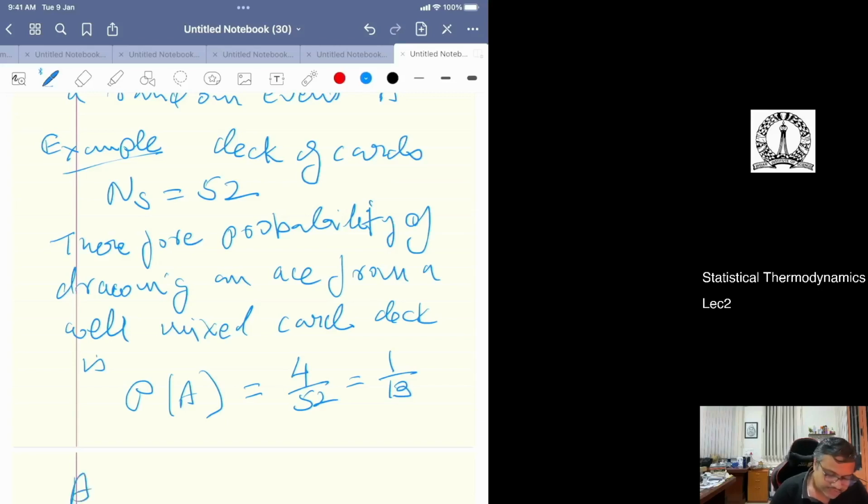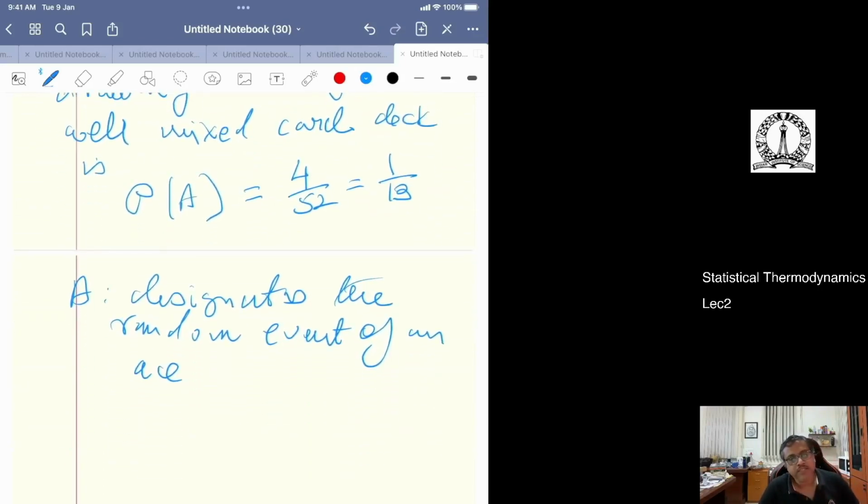So here A basically designates the random event of an ace. So this should now be understandable: the probability of drawing an ace from a well-mixed deck of cards is given as that, and that random event is called A.